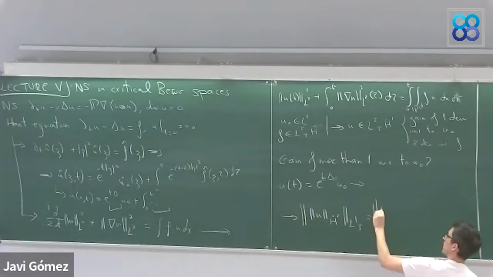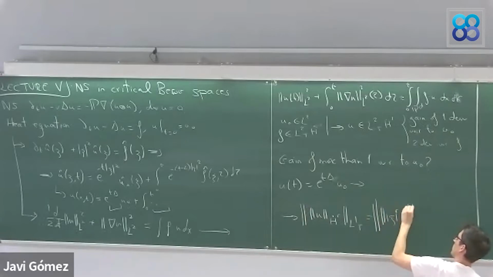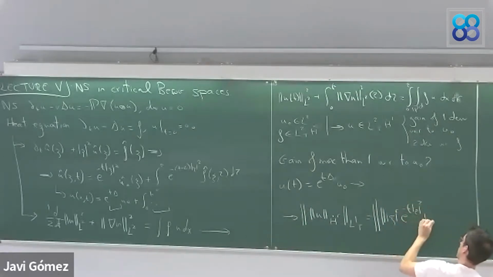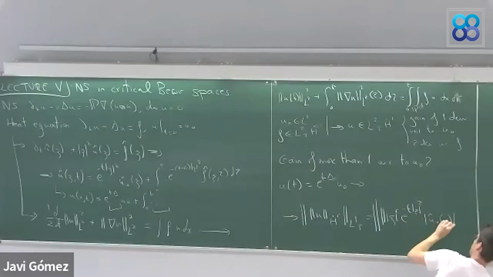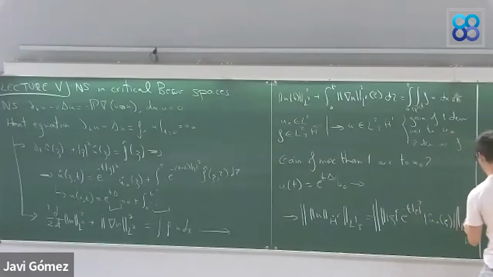We can do this in Fourier. And we've done this many times now. Here, we multiply and divide by the adequate power of t.